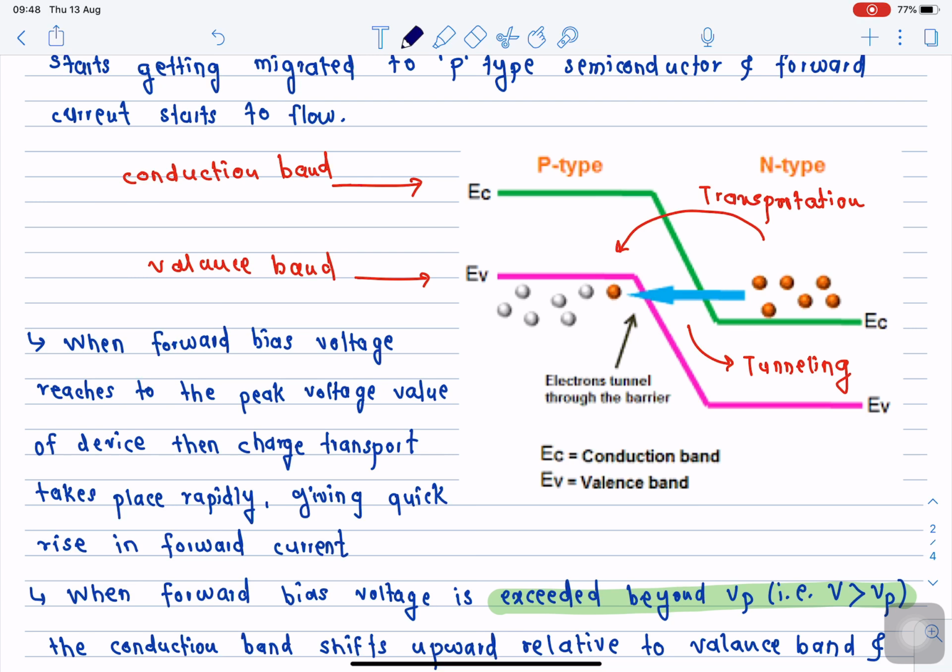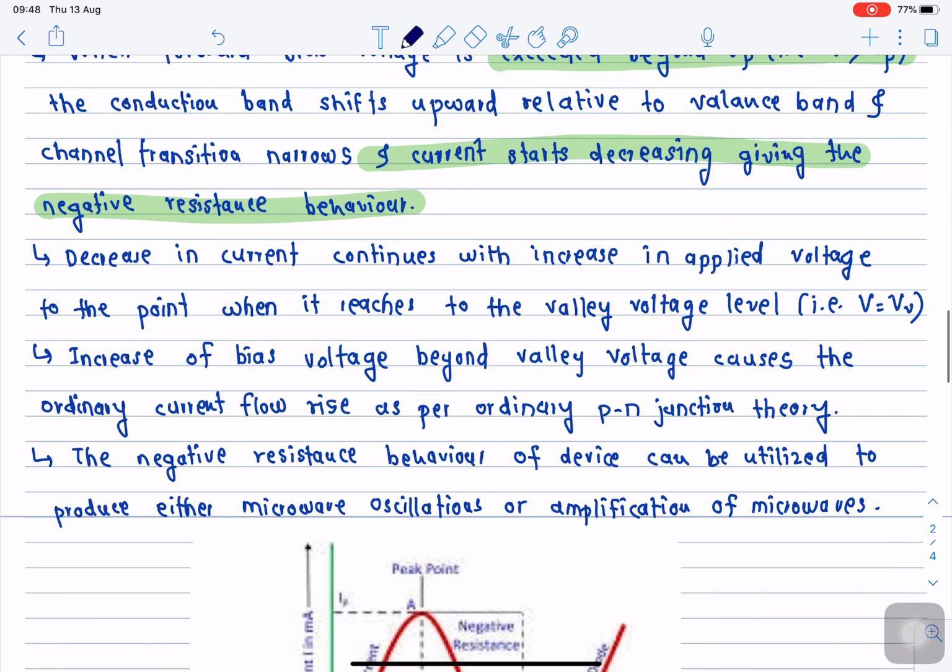Okay, so for understanding purpose, let me draw it again. Let us say I will draw the energy band diagram for tunnel diode operation. In order to understand the operation of a tunnel diode, we will explain it by means of its energy band diagram, right?